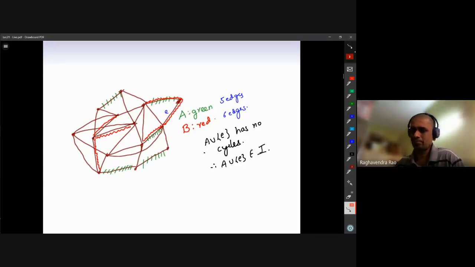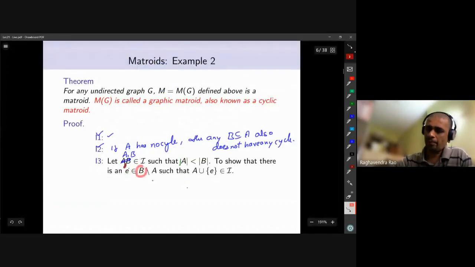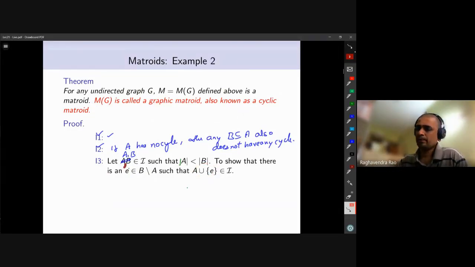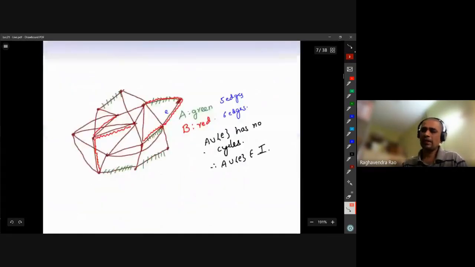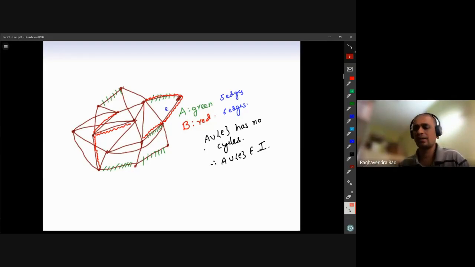That's the only bad case. Whenever I take any element from B which is not in A and add it, if it contains a cycle, then it cannot be independent by our definition. So the only way to contradict I3 is if every edge in B which is not in A forms a cycle in A. That means if I add that particular edge, it should form a cycle in A.